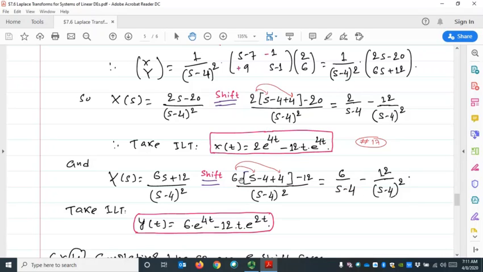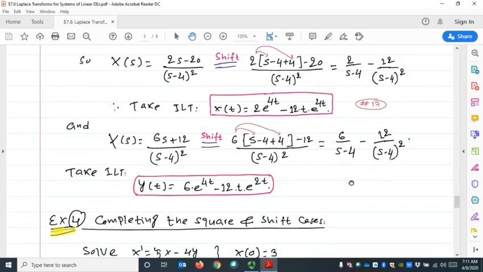And this constant comes from here. 6 times 4 is 24. 24 minus 12 is minus... Oh, this is plus here. Oh, no, that's another typo here. So 6 times 4 is plus 24, minus 12 is plus 12, not minus 12. So let me hide it. That means that's a plus. Plus 12 over s minus 4 squared.